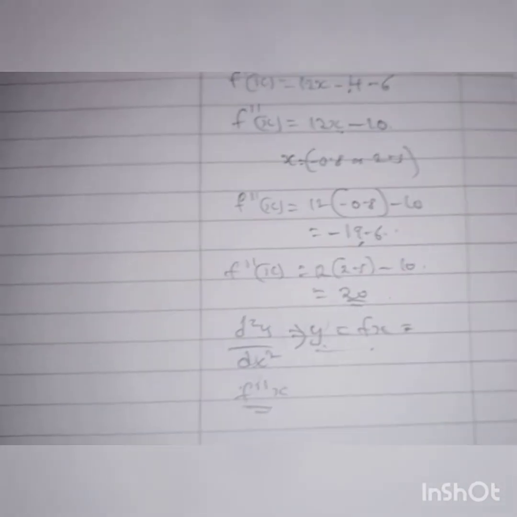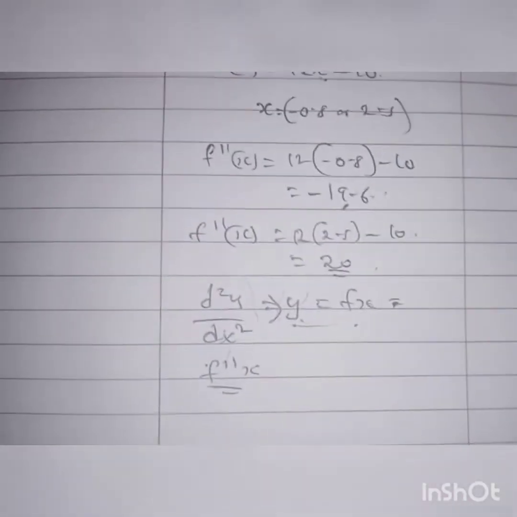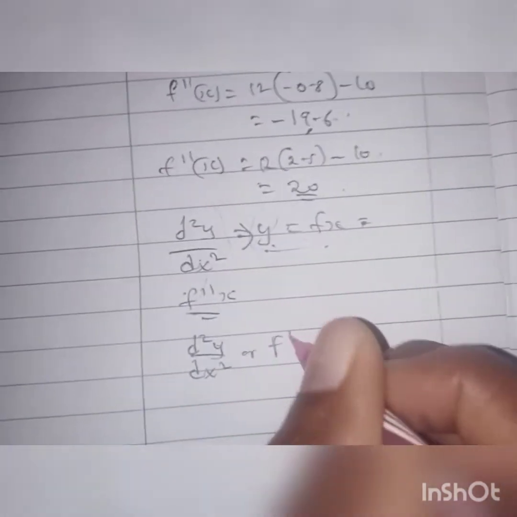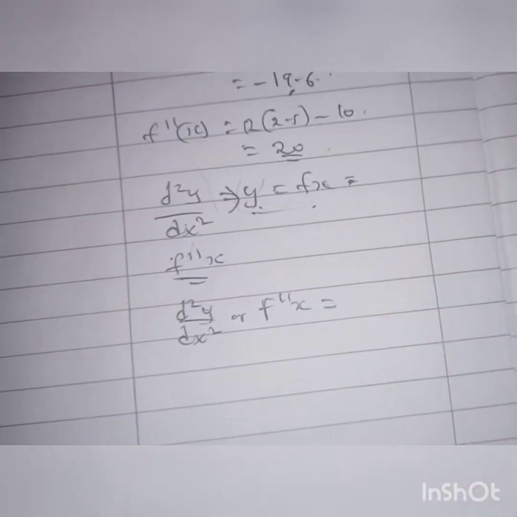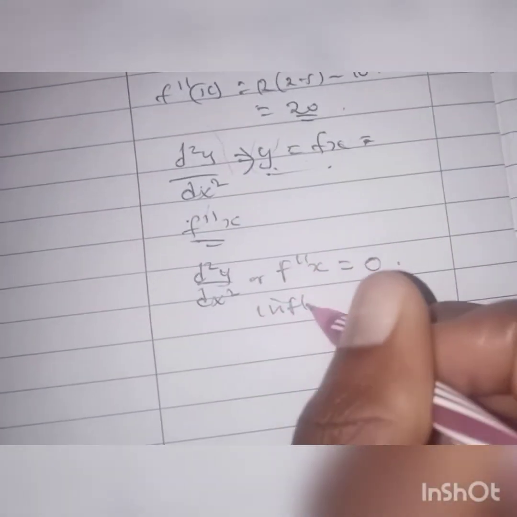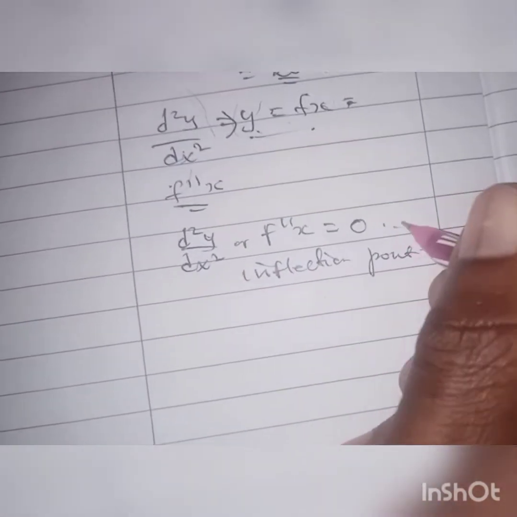The secret behind this is that for an inflection point, d squared y over dx squared should be equal to 0.